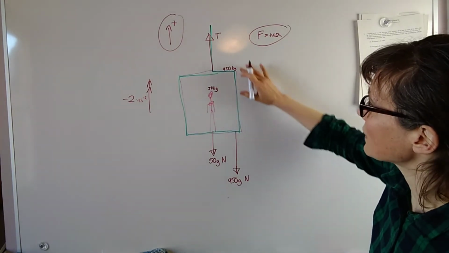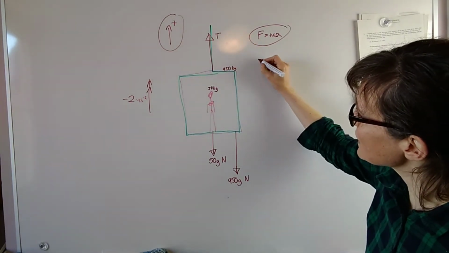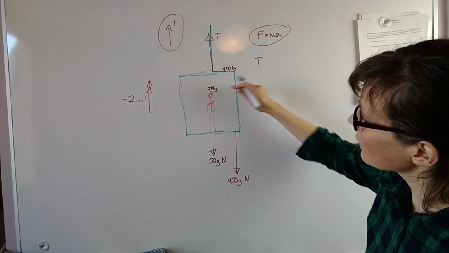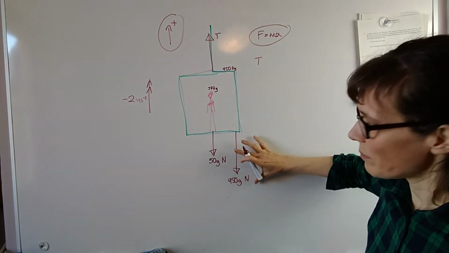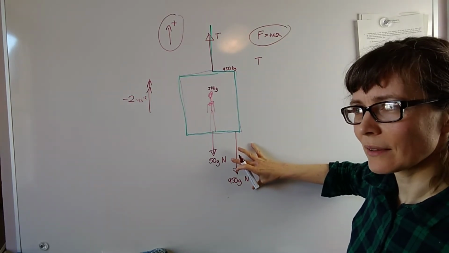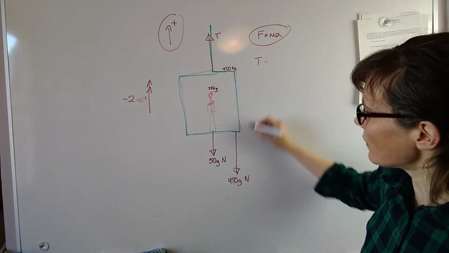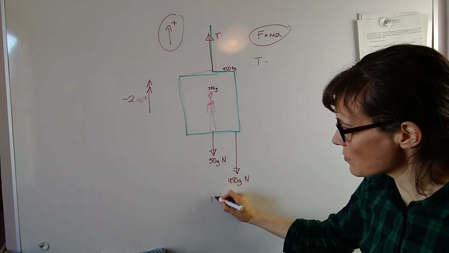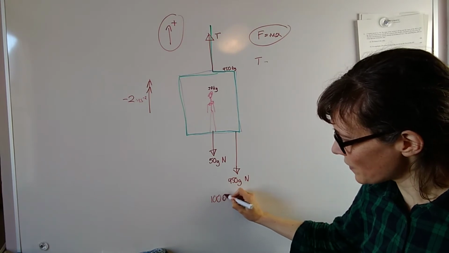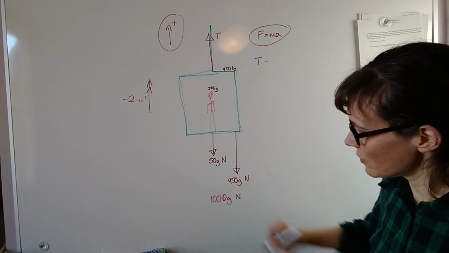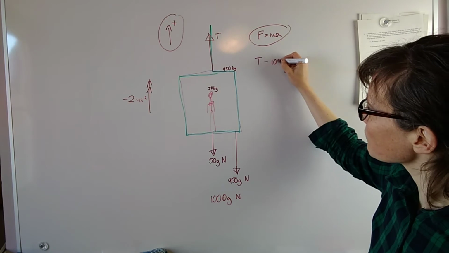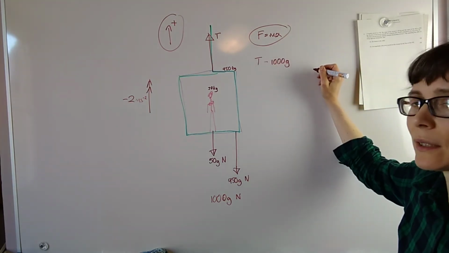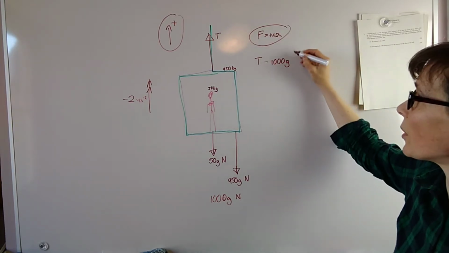So the whole object. So what I've got is this T, my unknown T, acting upwards. That's my positive. And balancing out with that, acting downwards, I've got 50g plus 950g. So total weight, I could write that one down here, 1000g newtons. That's the F part.